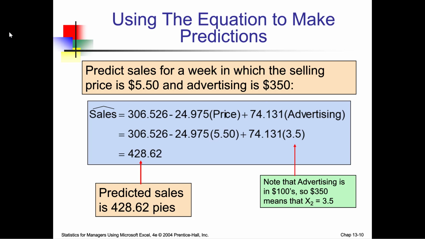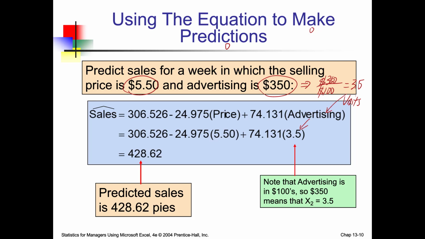Since we have the multiple linear regression model, we can use the model to make predictions. That's one of the useful features of the regression model. So let's predict sales for a week in which the selling price is $5.50 and advertising spending is $350. You have to divide $350 by $100 to get 3.5 units, so advertising spending should be 3.5. That's why you see 3.5 here.